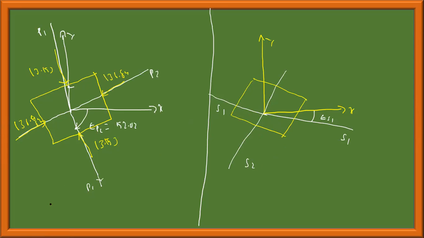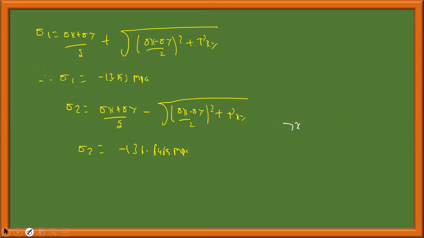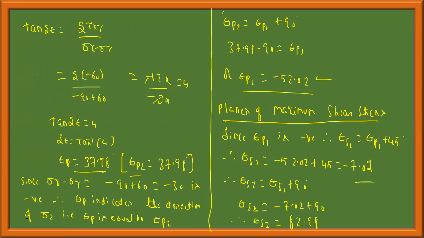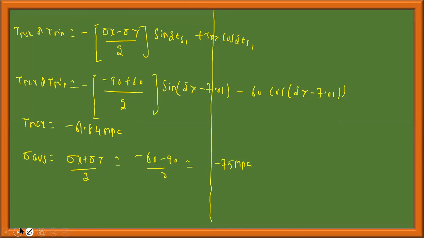Next, theta s1. We can see tau max. Since tau max is negative, after substituting tau max, it rotates the s1 face in the clockwise direction.